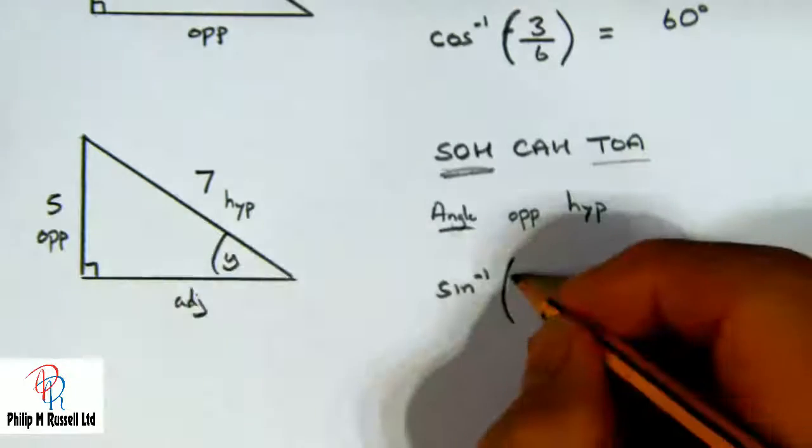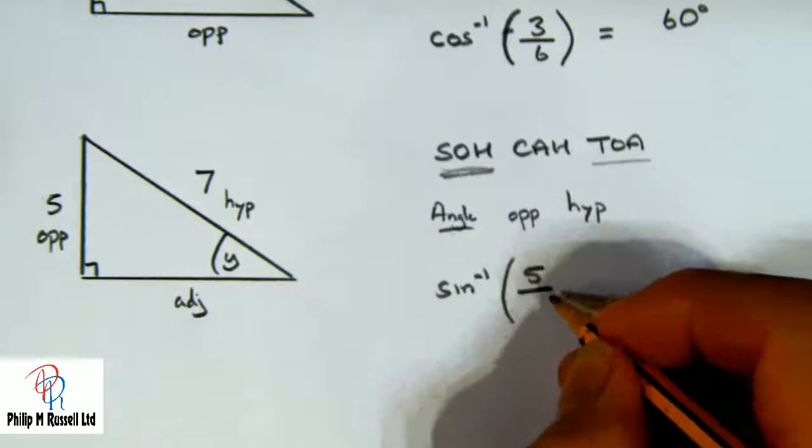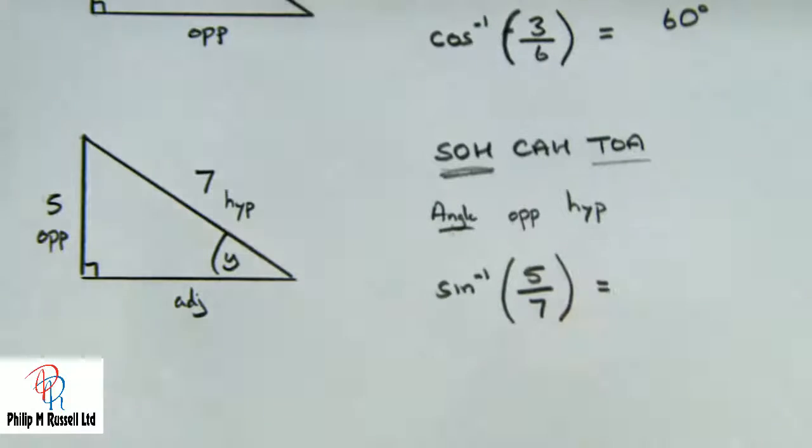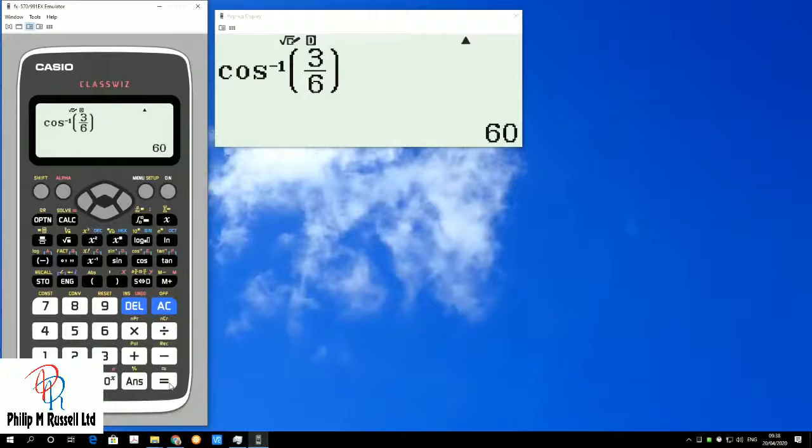My opposite is 5, my hypotenuse is 7, and we'll go off and work this out using the calculator. So we've got sine minus 1, so shift sine of 5 divided by 7, close brackets, and there I did make a mistake.